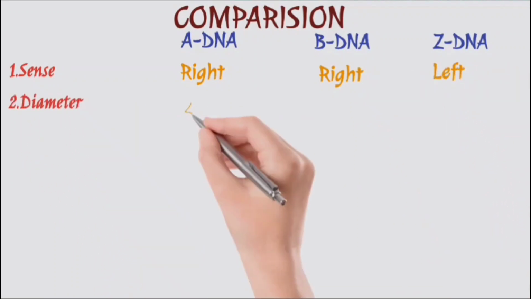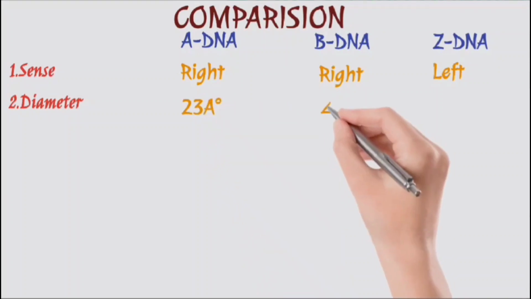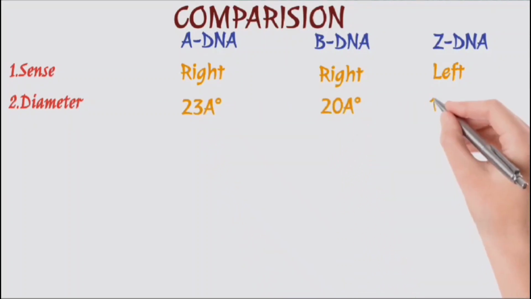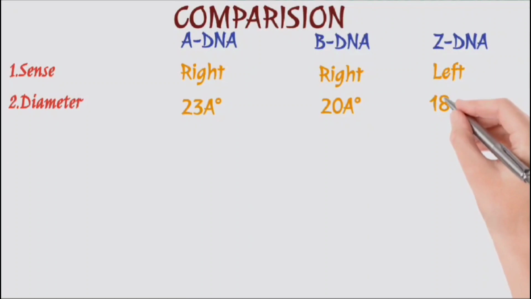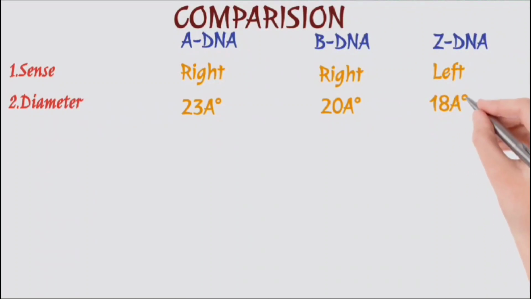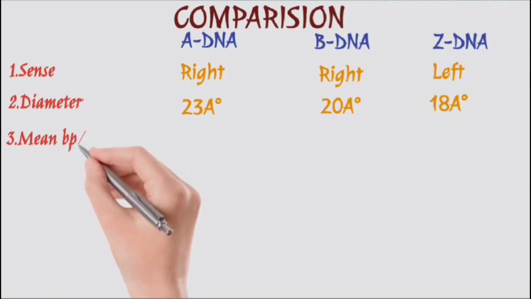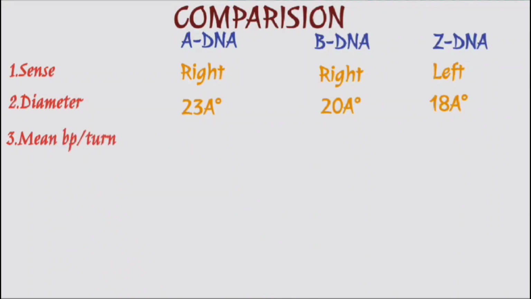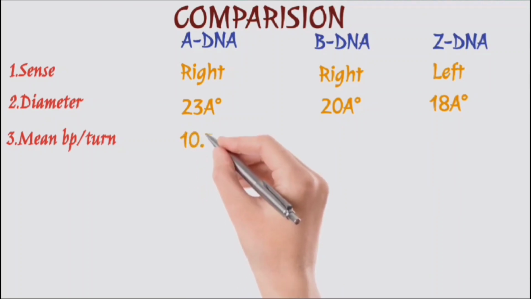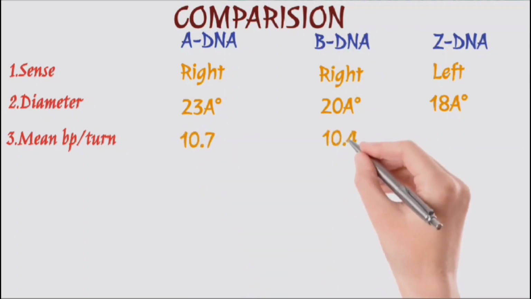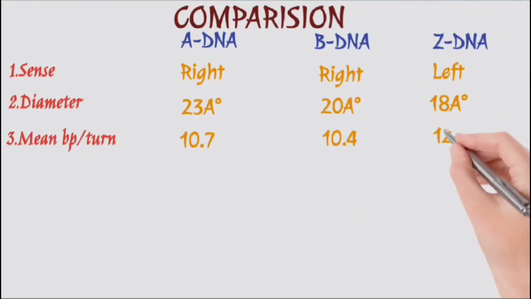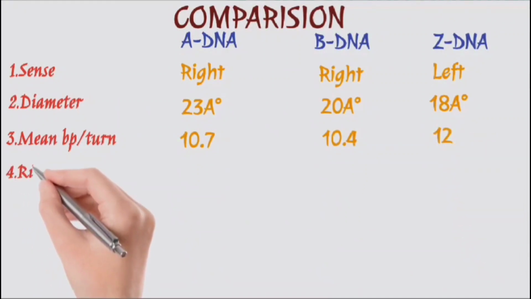The diameter of A DNA is 23 angstrom, B DNA it is 20 angstrom, and you can see in the Z DNA it is 18 angstrom. Now the mean base pair per turn, or you can say how many base pair is present in one turn of DNA, and that is 10.7, 10.4 and 12 in A, B and Z DNA respectively.